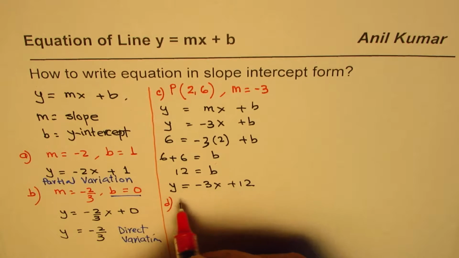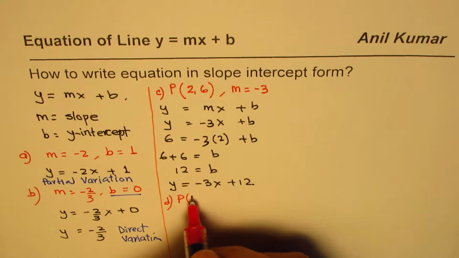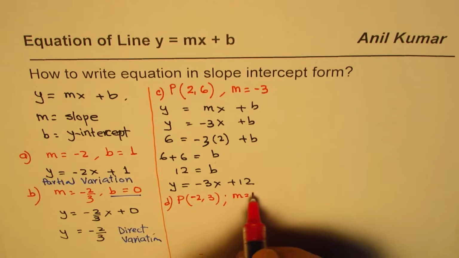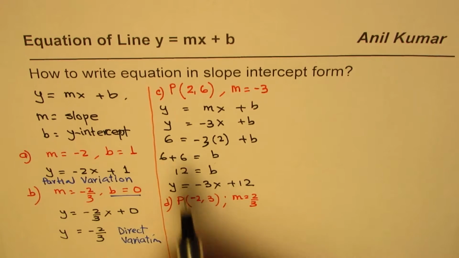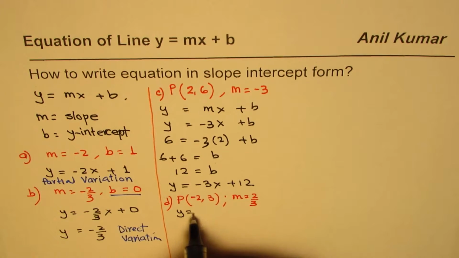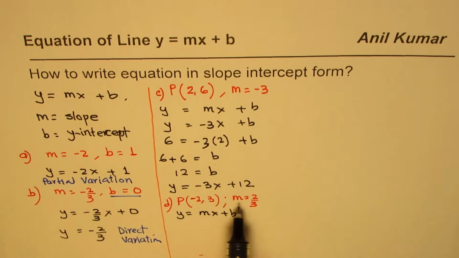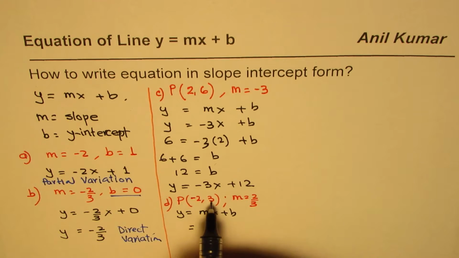Let us say the point is (minus 2, 3) and the slope m is 2 over 3. In that case, you need to find the equation of the line. Always begin with y = mx + b and substitute the things which are given to you to find b. m is 2 over 3 and the point is (minus 2, 3), where 3 is the y value.